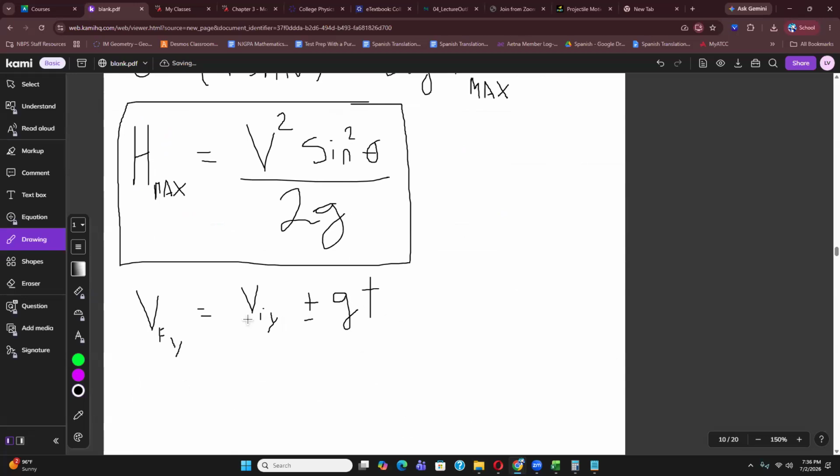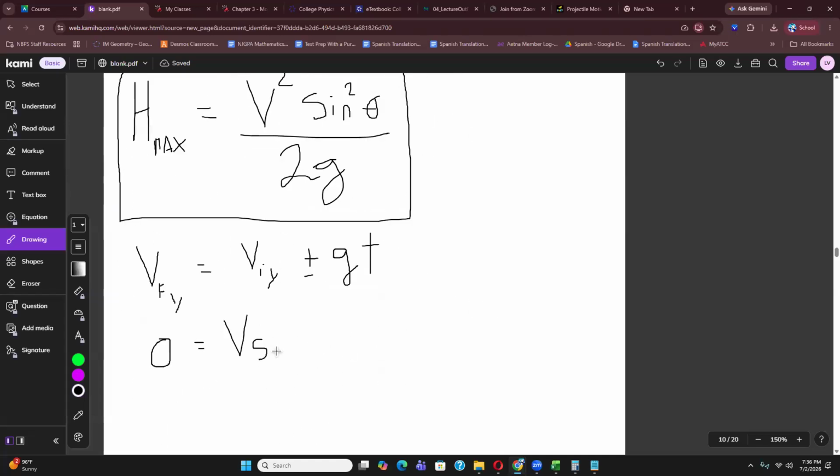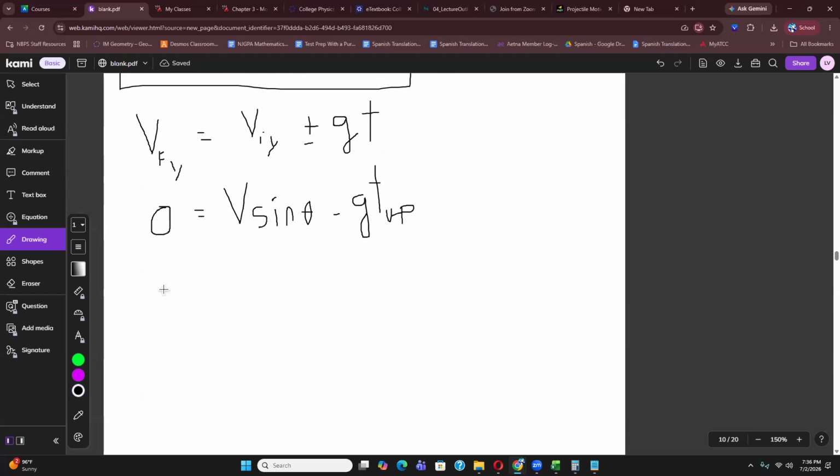But because you are going up, right, going up, it will be 0 equals V initial, which is this, V sine theta, minus gravity time to go up. So the time to go up is V sine theta, the initial velocity in y, divided by gravity.